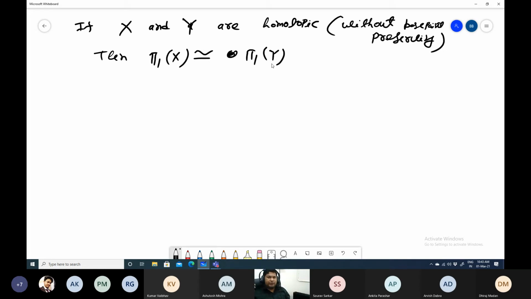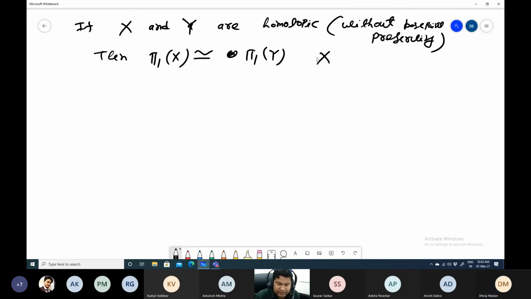Previously we proved that if they are homotopic with base point preserving, then their fundamental groups are isomorphic. Now we prove that even if they are only homotopic without base point preserving, the statement is true. Okay. So we are assuming that they are path connected. It should be.